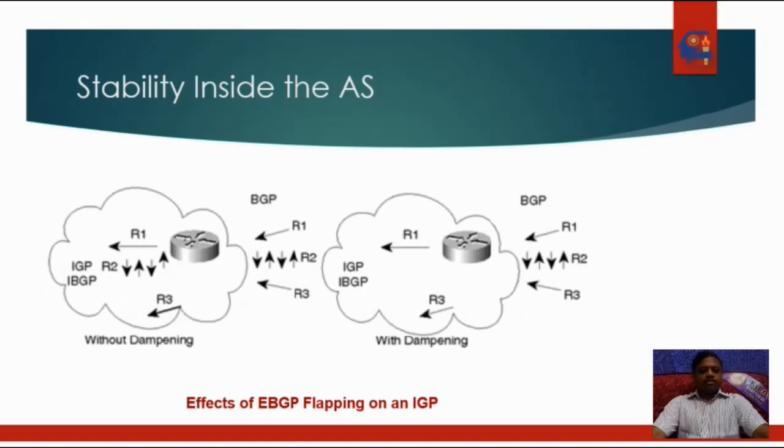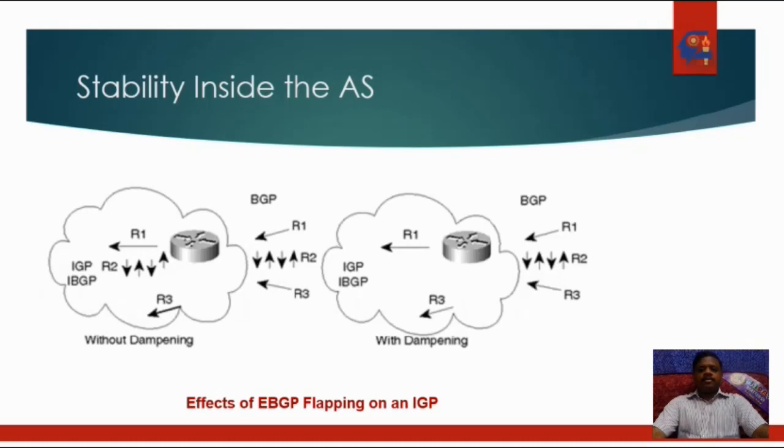In the figure shown, routes R1, R2 and R3 are injected from BGP into the autonomous system. The up and down arrows next to R2 indicate that it is flapping. The routes are carried via iBGP or IGP, depending on how the administrator is injecting the routes into the autonomous system.